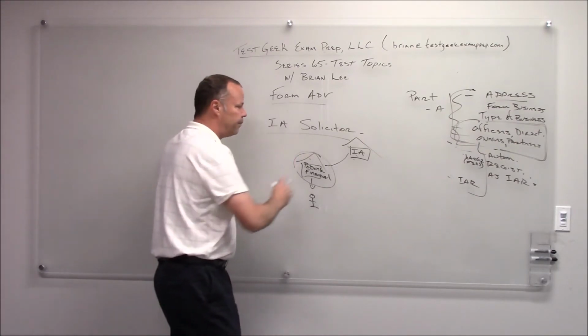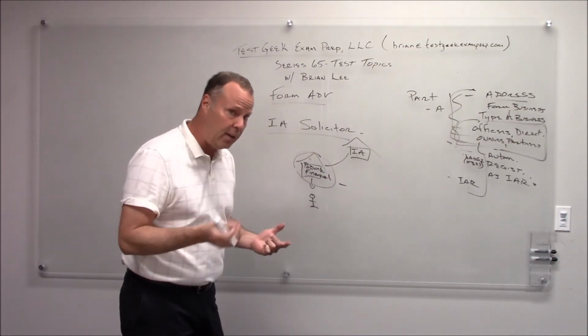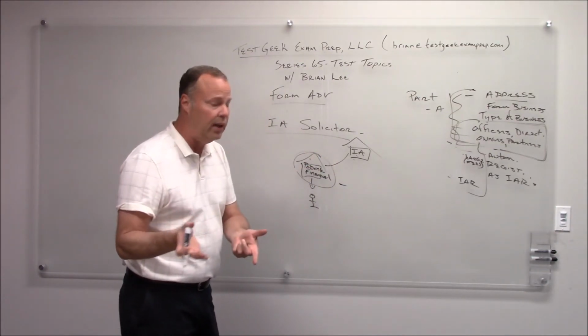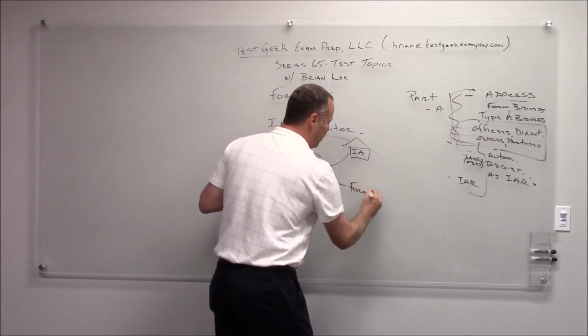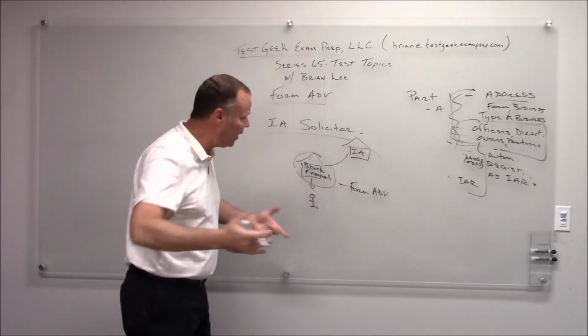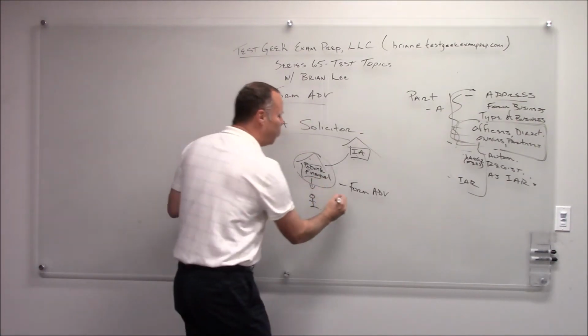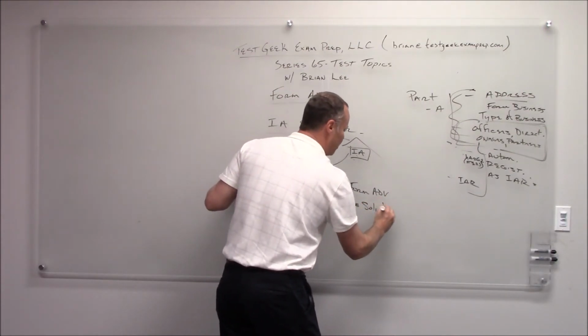Okay? Now, they have to provide Form ADV Part 2, right? Which we know is the disclosure brochure. So, Form ADV has to be provided, as with any other advisory client, that's no difference there, as well as an IA solicitor's brochure.